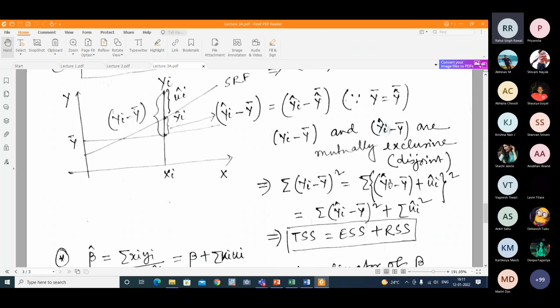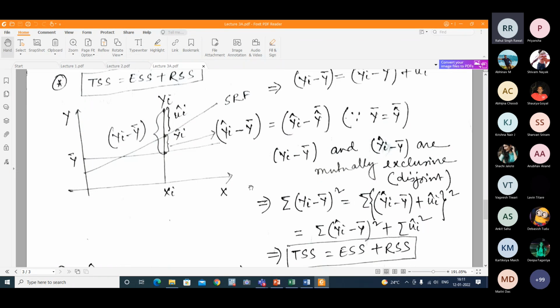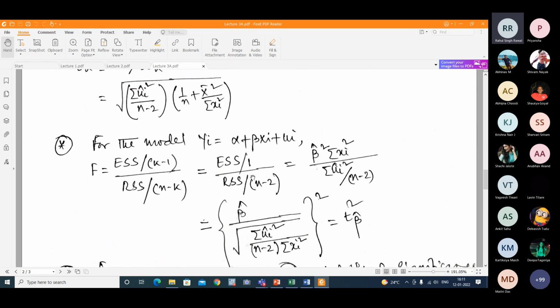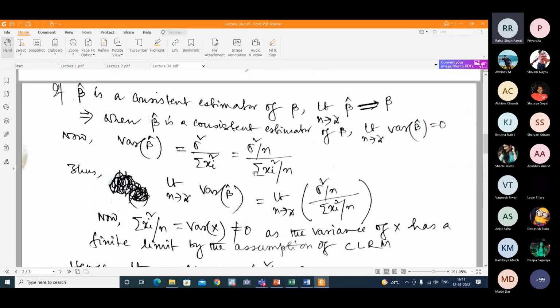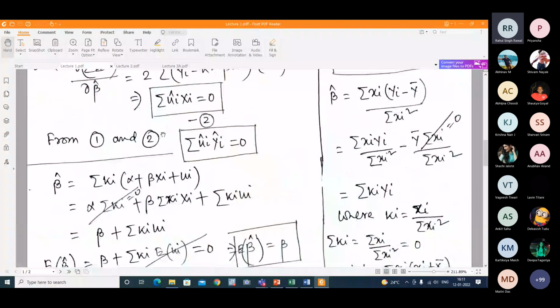Because if you multiply this by u hat i, then you are getting the summation of y hat i into u hat i, and already we have proved that the summation of u hat i into y hat i is equal to 0. Already we have proved this.